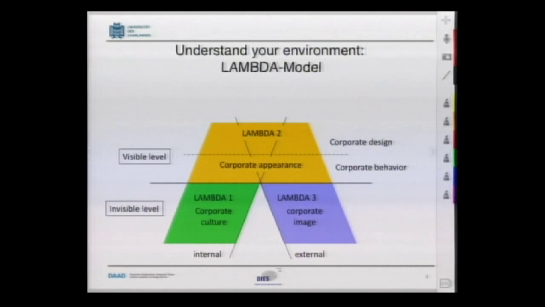The third one is Lambda 3. It's called corporate image. Corporate image is also on an invisible level, and it is only on the external side. What does it mean? It is invisible and on the external side.